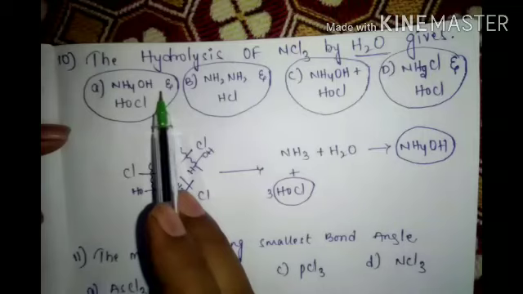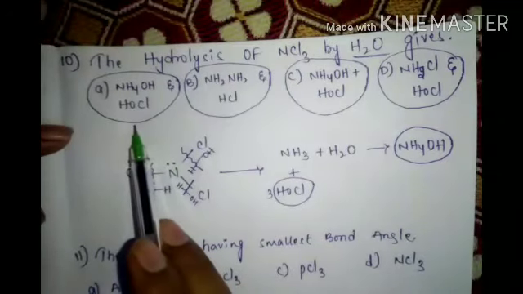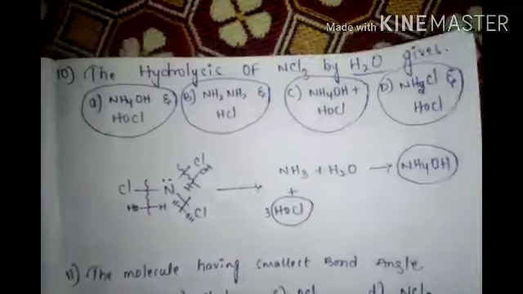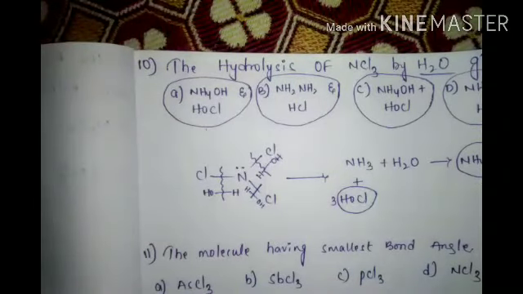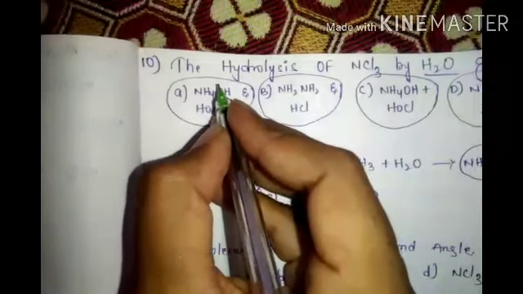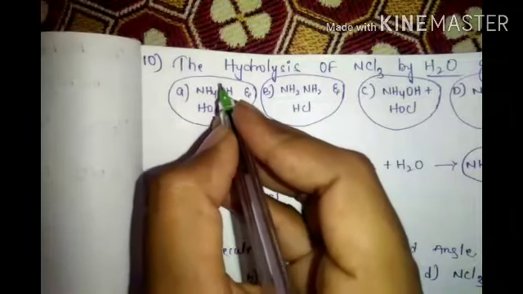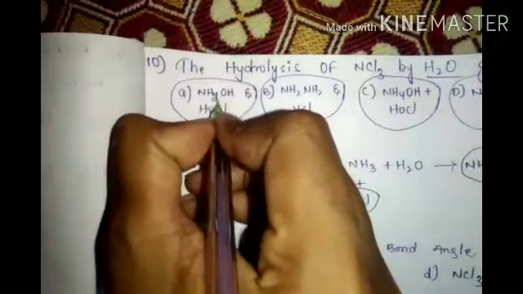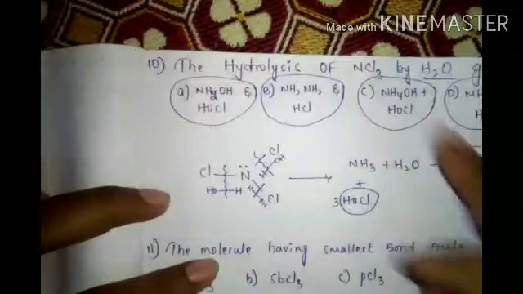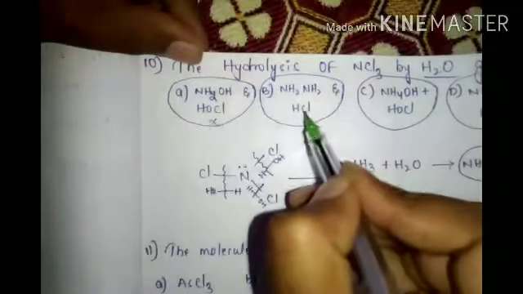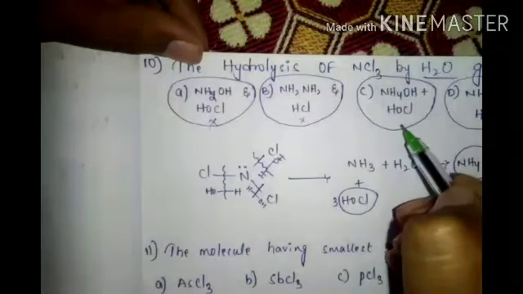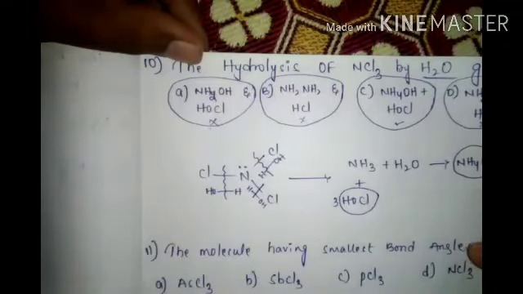NH4OH, HCl. Okay. This is NH2OH, I think. One minute, I will check the question. Yeah, this is NH2OH. This is NH4OH. So option A, not. Option B, not. Option C, correct. Option D, wrong.